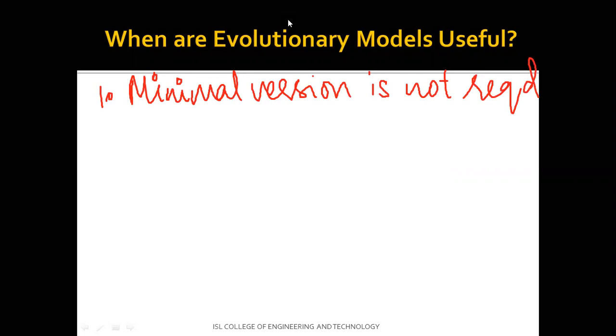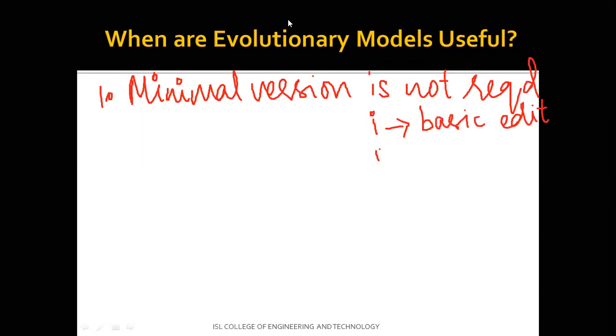Let me give one more example for this. Now, suppose someone wants word processing software developed, you will need the Microsoft Word software to be developed. So if we use the incremental process model, at the first increment you might only have the basic functionalities, basic editing requirements.